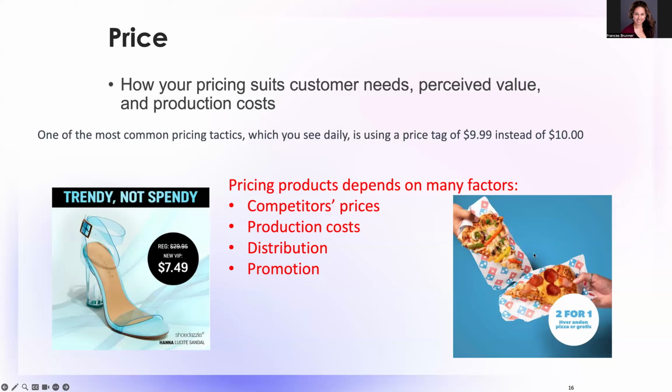Additionally, getting more value for the price can also be a strategic position. So, for example, Domino's is having a promotion in this ad where you can get two slices for the price of one. This has a perceived value that you're only paying for one and getting one free.